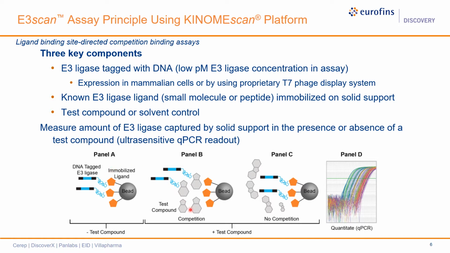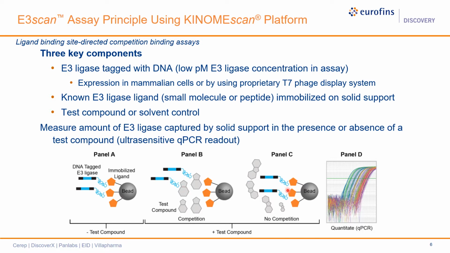In panel B, in the presence of a test compound that can bind to the E3 ligase and compete it off the beads, the E3 ligase will be washed off and will not be detected in the elution using the qPCR. So therefore, the signal will be low.